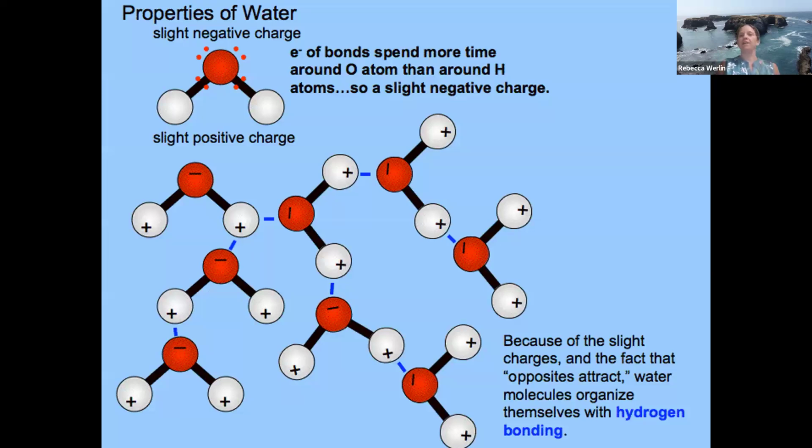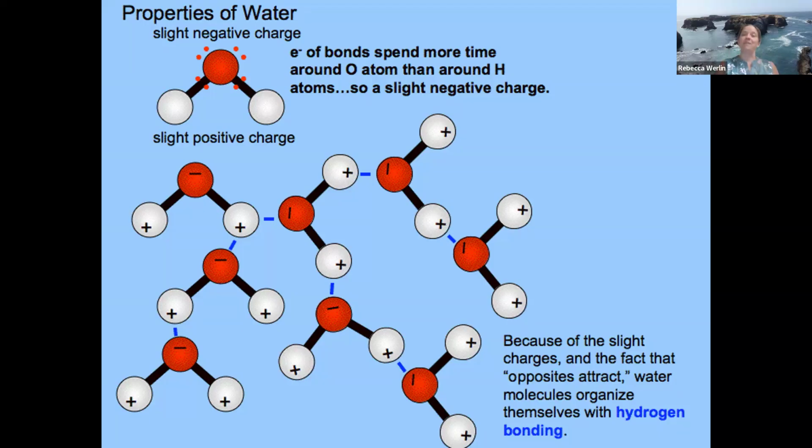And so in liquid water, it's constantly moving. And so you can make and break these hydrogen bonds constantly. They're weak force interactions. They're kind of drawn to each other, but if that molecule is moving about, it can break it just as easily. So liquid water molecules can get quite close to one another because you have a partial positive charge and a partial negative charge, and they're all moving, so they can get close to each other.